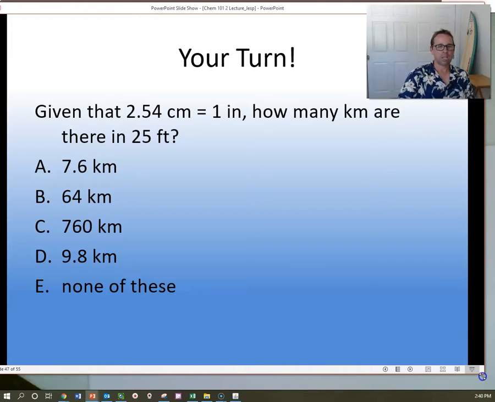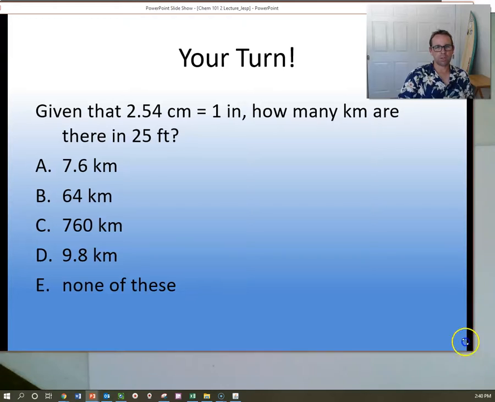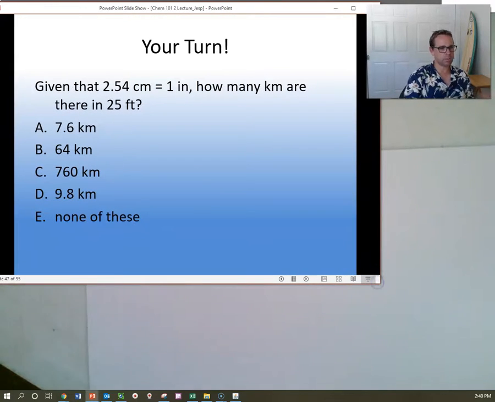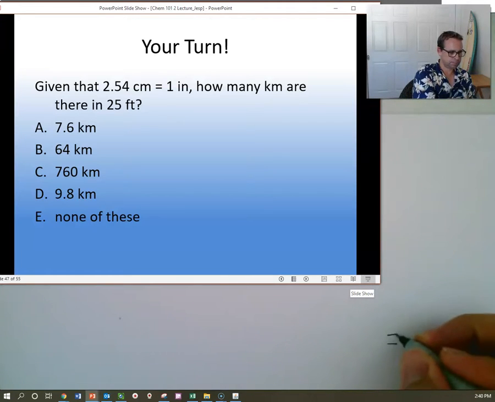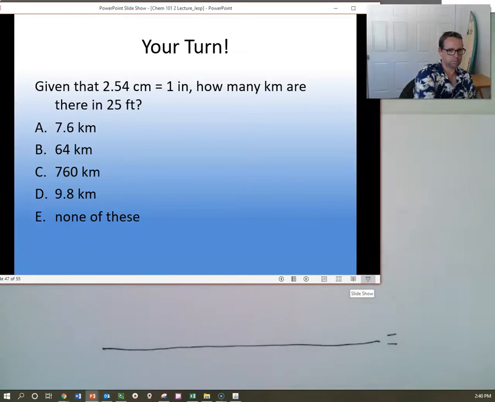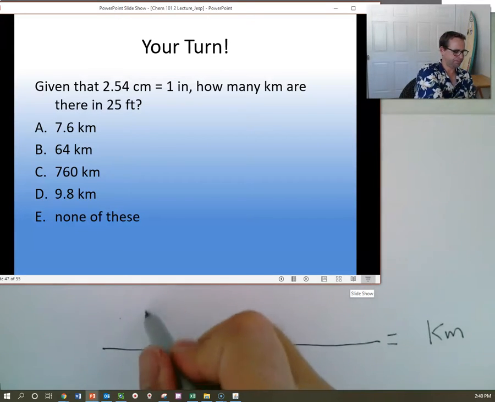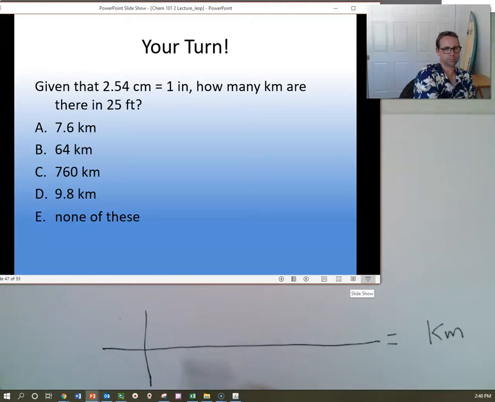So why don't you talk me through this one? What goes to the right of my equal sign? It's going to be kilometers. Very good. What do I start with?